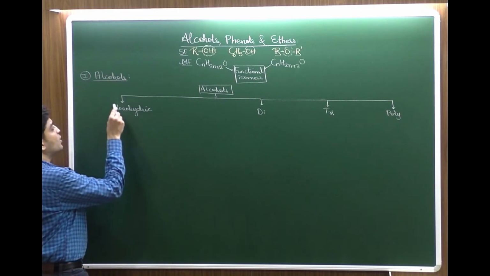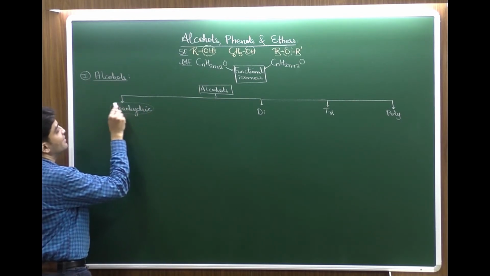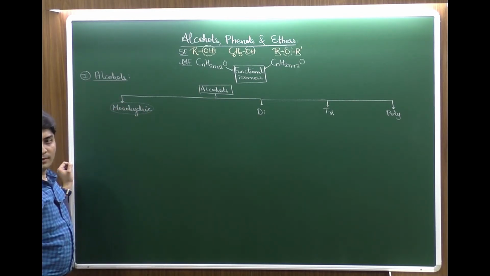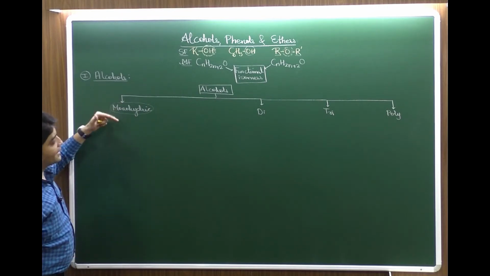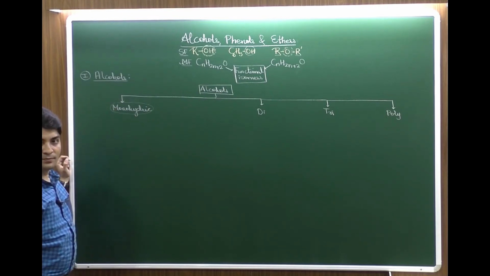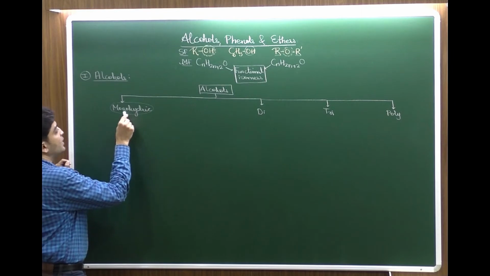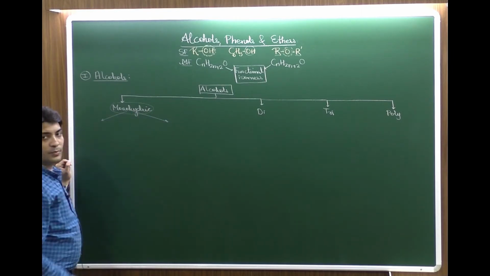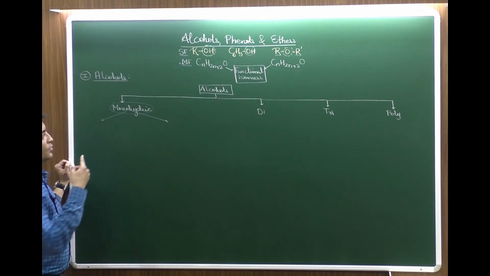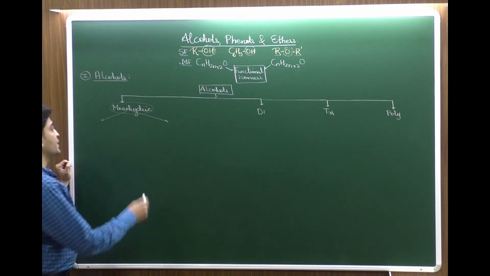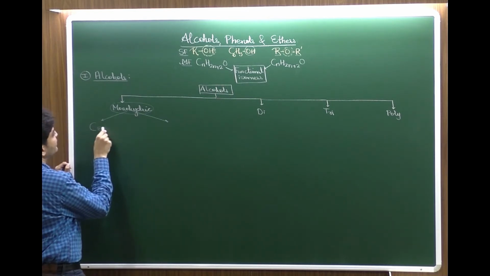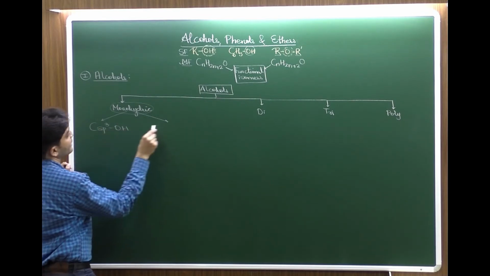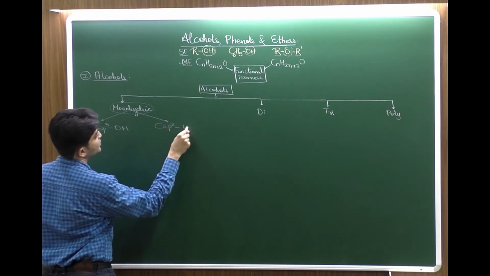Now, monohydric alcohol is similar to monohaloalkanes. So here I can see the second classification, based on the hybridization of the carbon to which the functional group X was bonded. So here, on the basis of OH, I can write Csp3-OH and Csp2-OH.